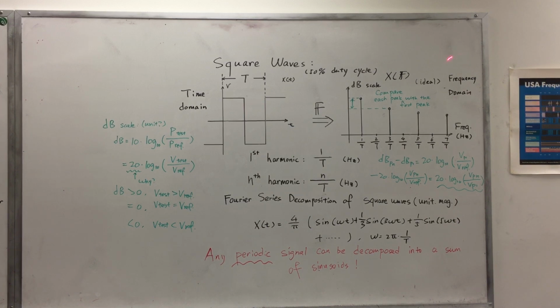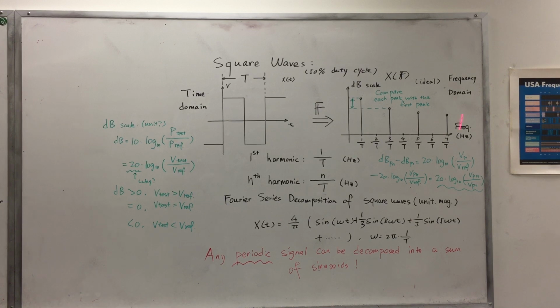And as the name suggests, in the frequency domain we have an x-axis whose unit is hertz. The x-axis is really the frequency axis. In this picture, with the x-axis as frequency, the y-axis is in dB scale. We'll talk about what dB scale means later.